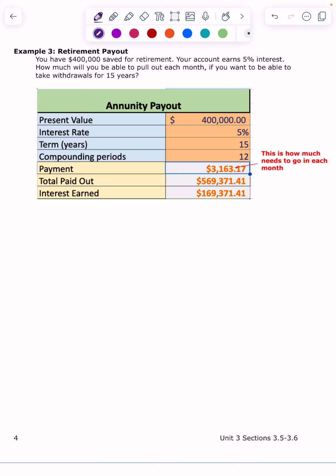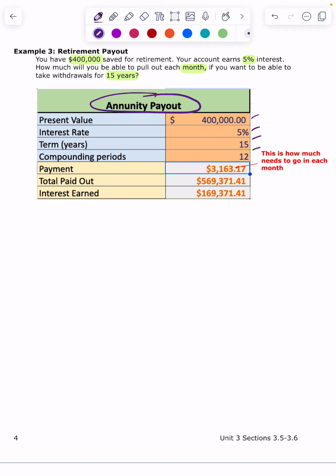Okay, so it says that you have $400,000 saved for retirement and your account earns 5% interest. How much will you be able to pull out each month if you want to be able to take withdrawals for 15 years? So highlight the important information and each month, so it's 12 times a year, and then we're popping it into the payout annuity.